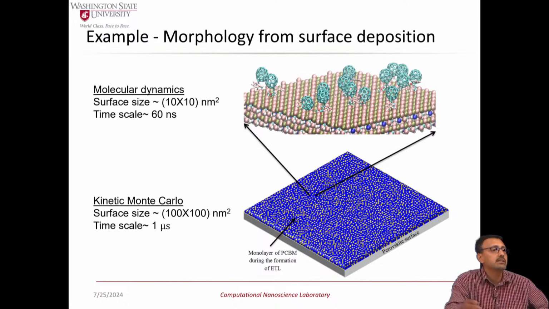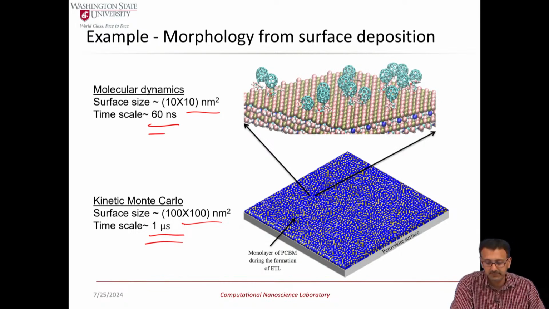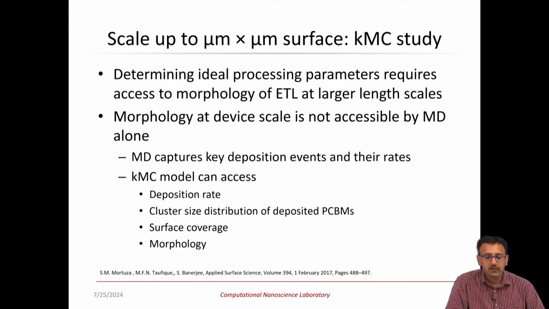Can we propagate it to a much larger length scale based on the kinetic Monte Carlo approach? Let's say going from a surface that is at best 10 by 10 nanometers to 100 by 100 nanometers, or it can essentially be at the micrometer scale as well. And modeling processes over a time scale of 60 nanoseconds, in the fully atomistic case, up to microseconds. So, let us look at that as an example first.